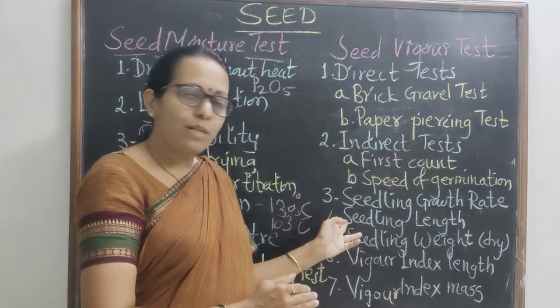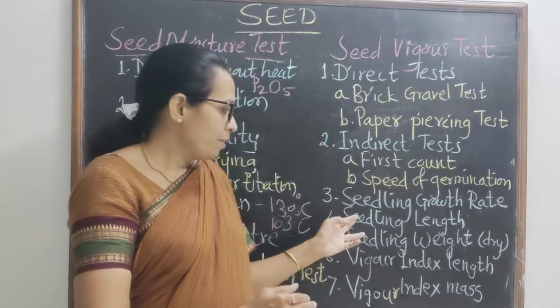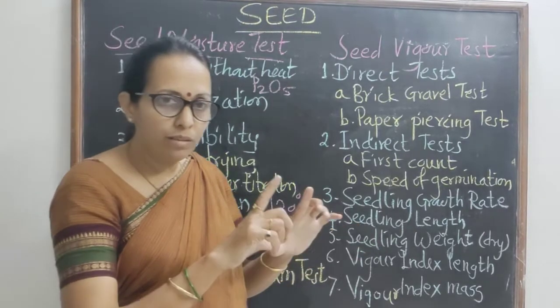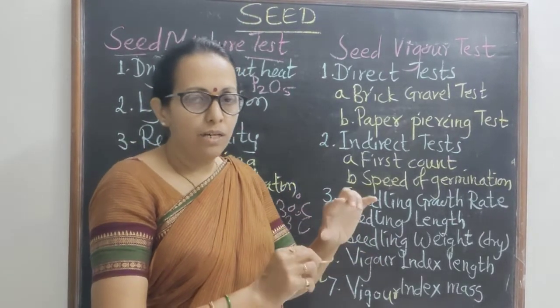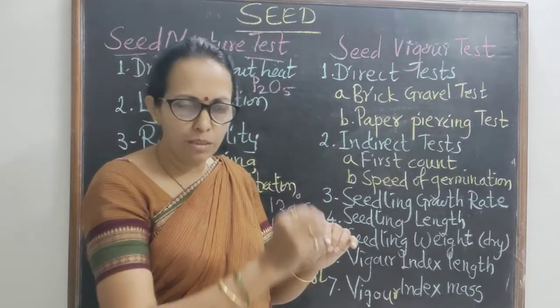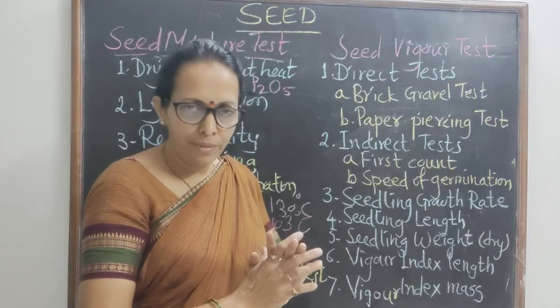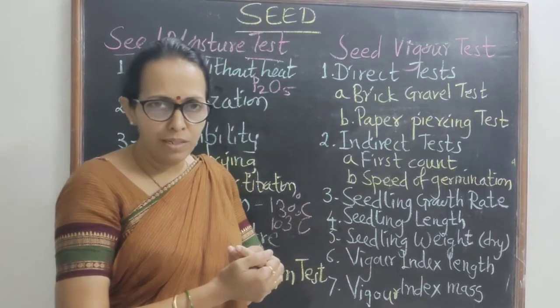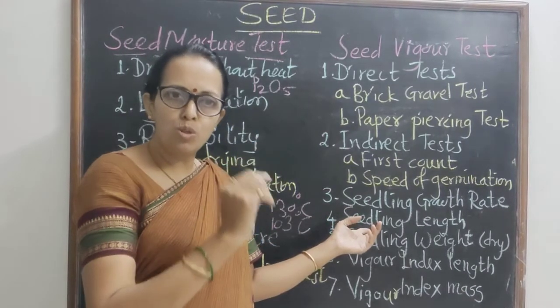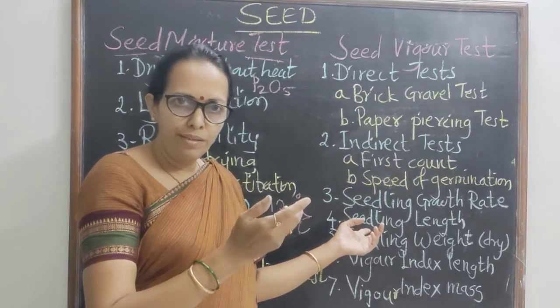So that is also one of the parameters. And one more parameter you can go for is the length of the seedling. You can measure directly the shoot length or even the root length of the seedling. They are also one of the measures. You can even go for the ratio of root to shoot in them.